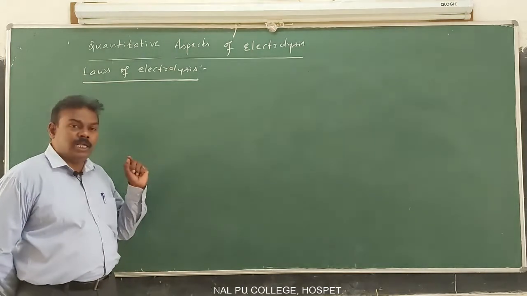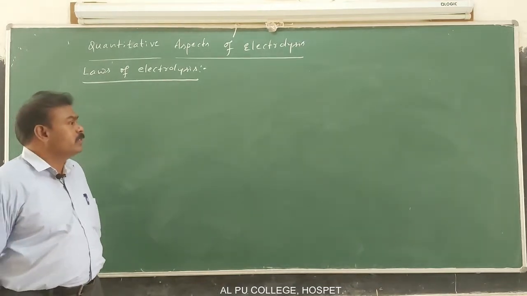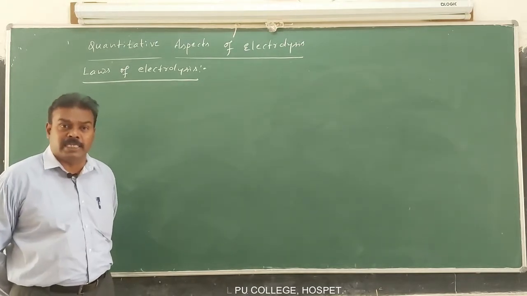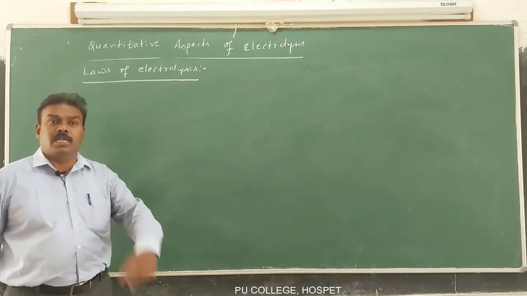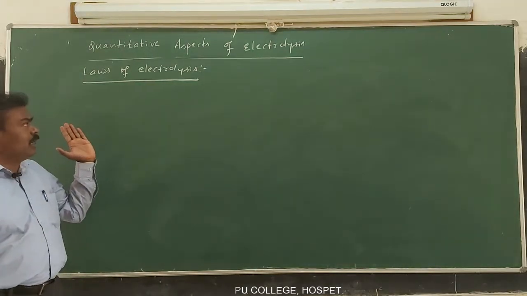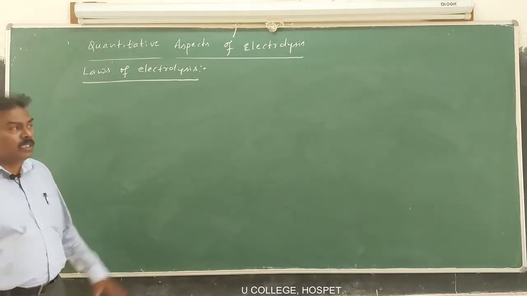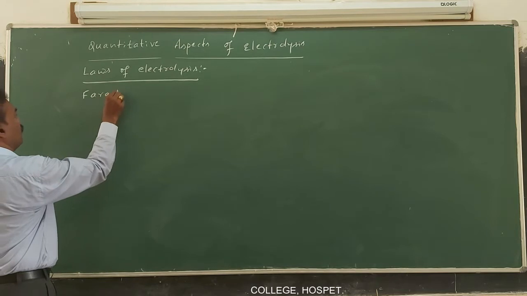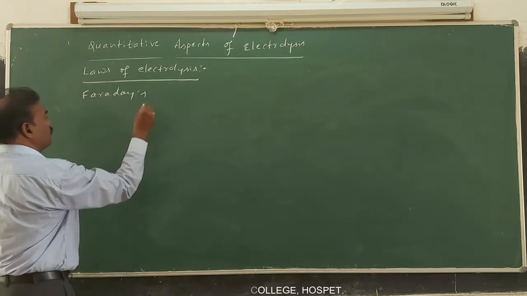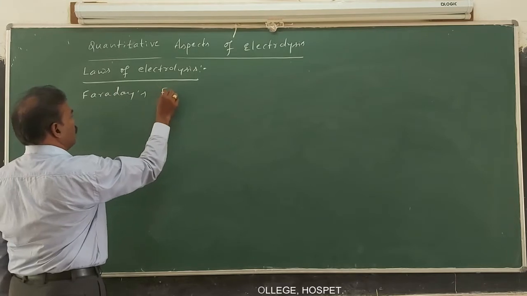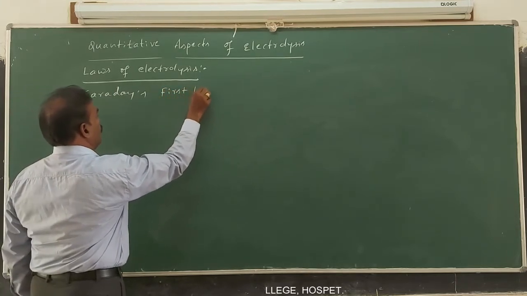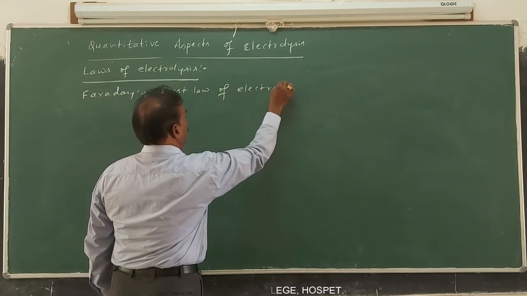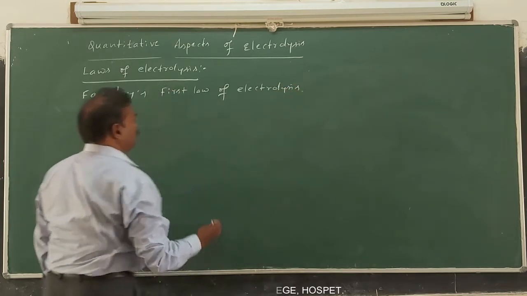This quantitative relationship is given by the laws called Faraday's laws of electrolysis. There are 2 laws we are studying. The first one is Faraday's first law of electrolysis.